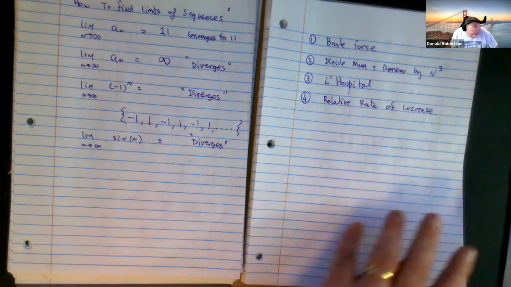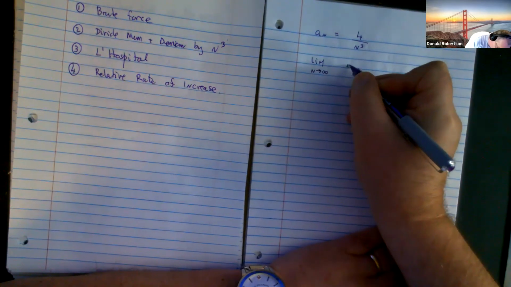So let's show you an example of each one of these methods being used to find the limit of a sequence, if it does exist. Suppose I had a sequence and it was 4 over n cubed. And I wanted to know its limit. So I'm trying to find the limit as n tends to infinity of 4 over n cubed.